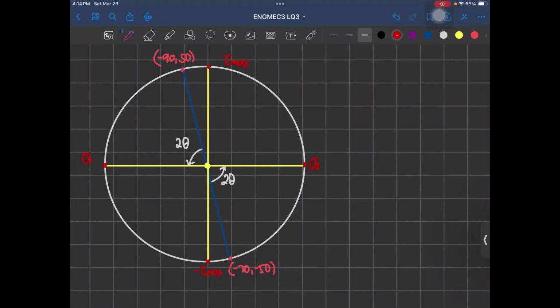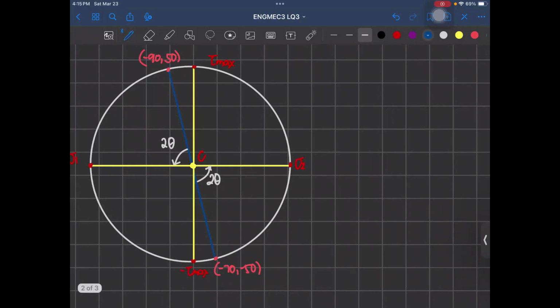We can use concepts of right triangles to get our values. So for this, let's first get our center, the center coordinate. So the center coordinate is just the midpoint of the two values or the two coordinates we had. And since the shear is just the same from both sides, it would just be at y is equal to 0. Let's just solve for the x value.